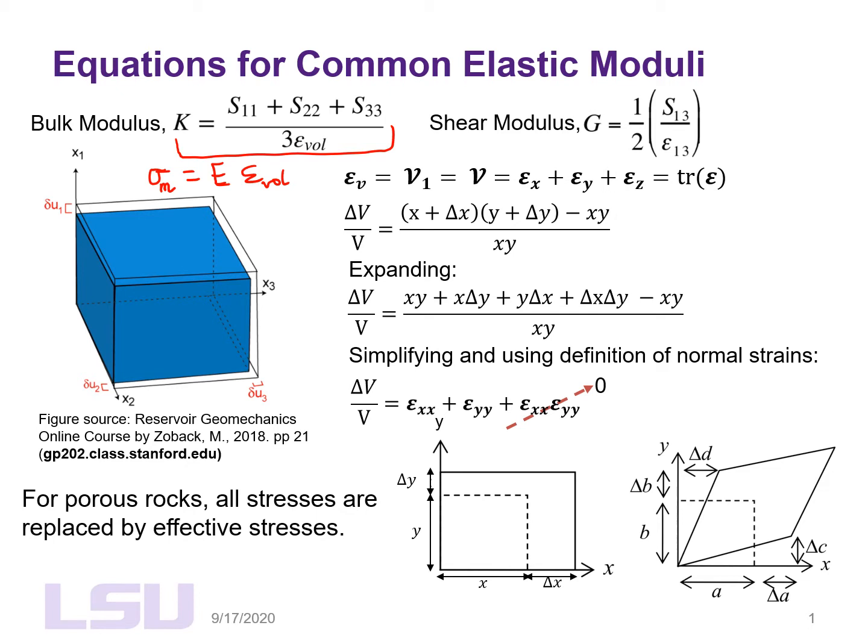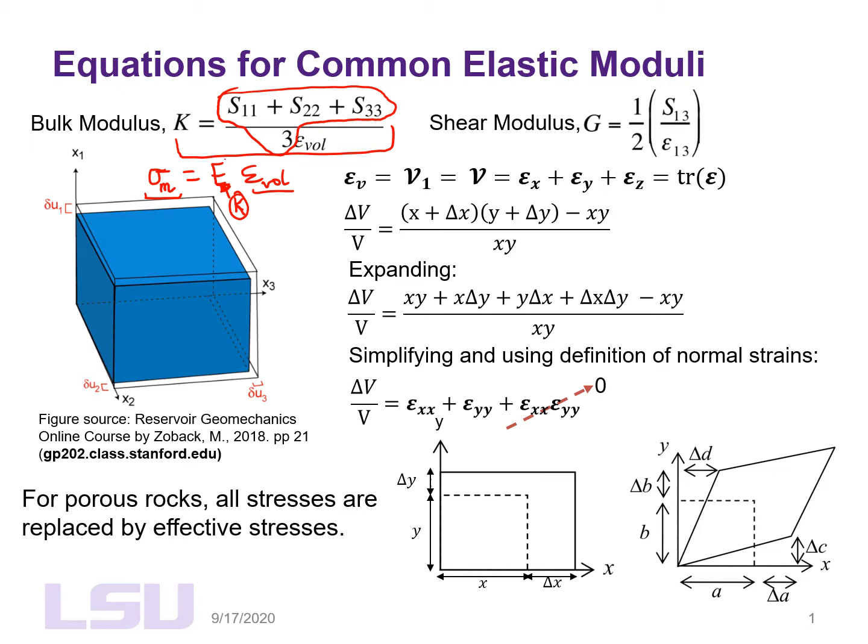And what's the mean stress? Sum of the three principal stresses, S1, S2, S3, divided by 3. This elastic modulus will be bulk modulus when this is volumetric strain and this is mean stress.